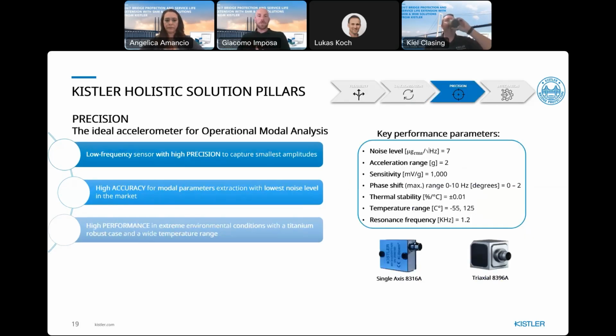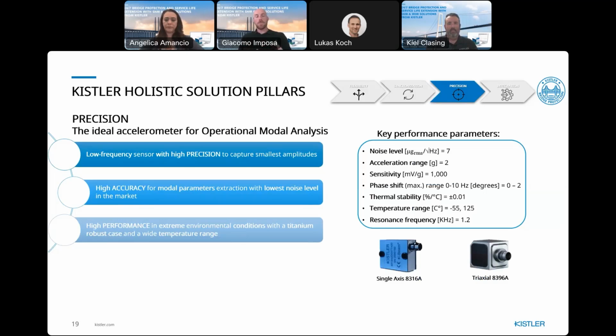The third pillar is precision, and for this we have a diamond, because our sensors, our K-Beam MEMS capacitive accelerometers, are the best in the market for this value. Among the different performance parameters, I would like to highlight on this occasion the noise level, which is almost zero: 7 micro-g.